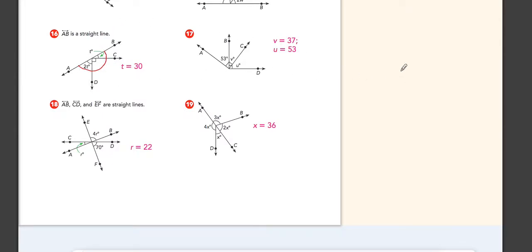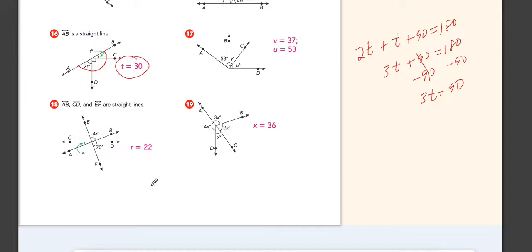So my equation could be the 2T, I'm sorry, that's a T. So 2T plus the other T plus the 90-degree angle has to equal 180. So I'm left with 3T plus 90 equals 180. I subtract 90 from both sides. Those cancel out. 3T is equal to 90. Divide both sides by 3, get T equals 30.